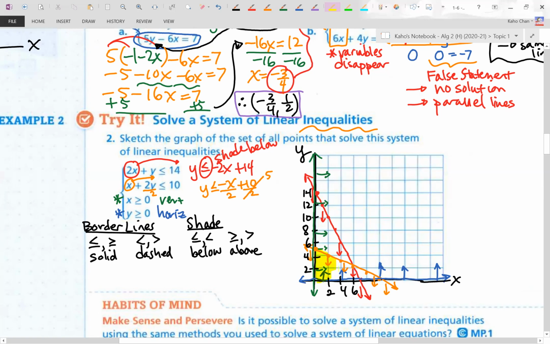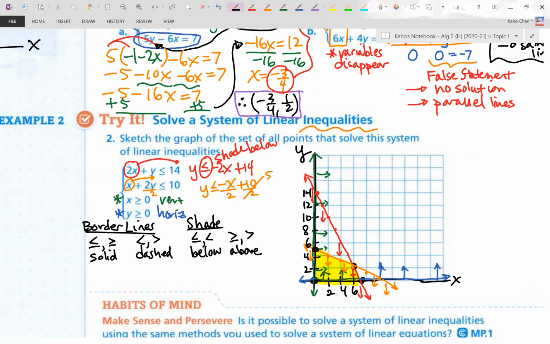This quadrilateral region happens to have 4 endpoints: (0, 0), looks like over here (7, 0), (6, 2) maybe, and over here (0, 5). All right, are there any questions?